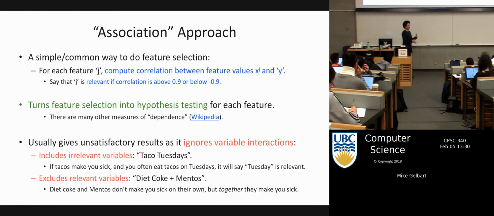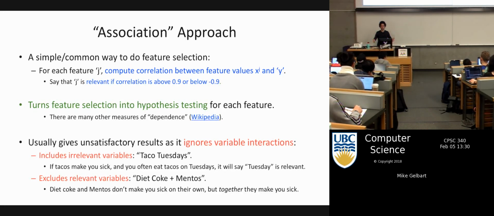If you have Diet Coke on a bunch of days by itself, and Mentos on a bunch of days by itself, then they might not look relevant at all. Oh, let me just throw away that feature because it's not really correlated. Let me throw away this other feature. But together, they're actually very strongly predictive. So this association approach looks at one feature at a time, and so we miss out on a lot of useful information.